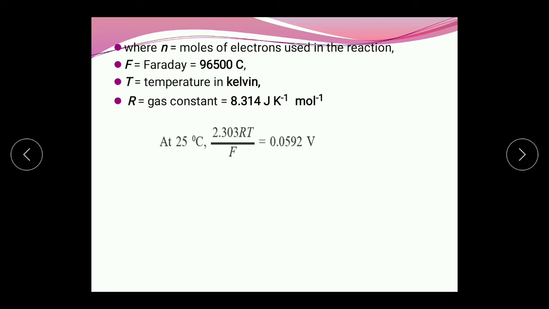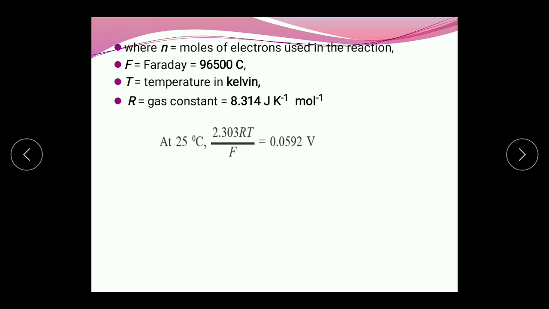If we fill in the values and calculate: 2.303 into R, R is 8.314, so 2.303 into 8.314 into T. At 25 degrees Celsius, T will be 298 Kelvin. Divide by F, F is 96,500. If we substitute all the values and calculate, the answer will be 0.0592.